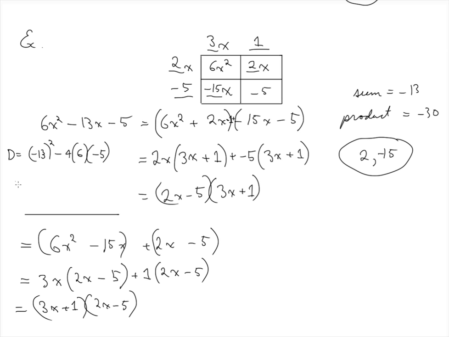So that works out to be 169 plus 120, which is equal to 289, which is greater than 0. So that's positive. The most important thing about the discriminant is its sign. In this case, the discriminant is positive and we can factorize. Of course, we knew that because we actually factorized it. Here's an example where we can't factorize.